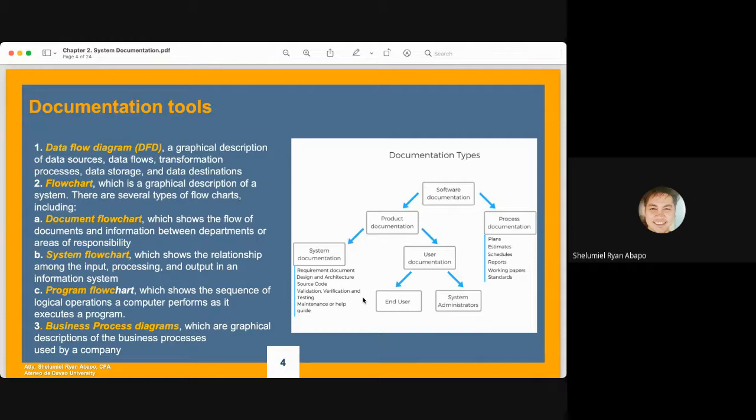But while you are already in practice, remember that with the growth of the business and the complexity of the business where you're working as an accountant, you'll definitely need to automate your accounting information system. And by automating it, it is imperative for developers and consultants to get an understanding of your current manual accounting information system.